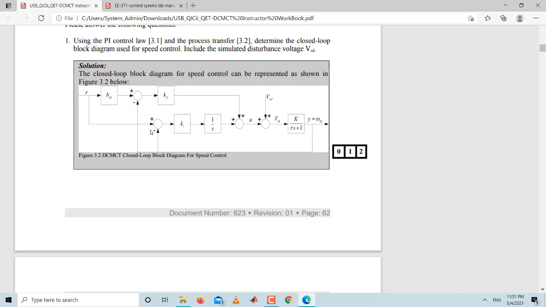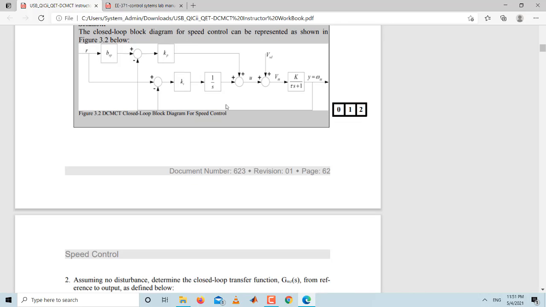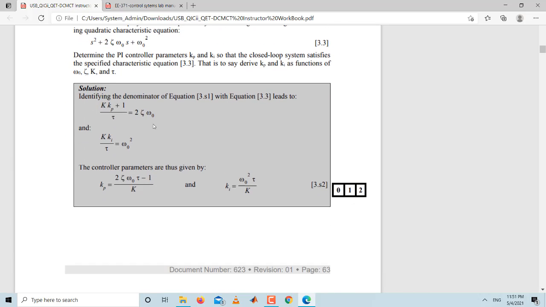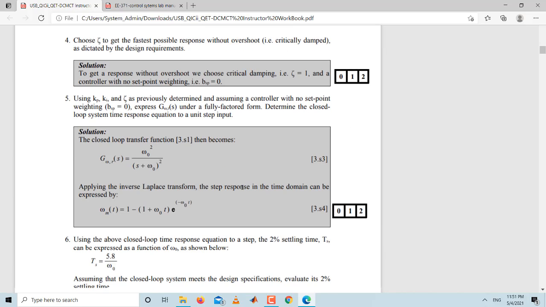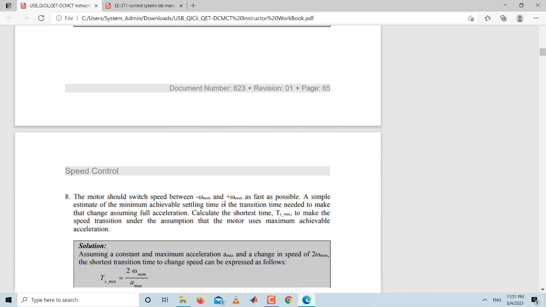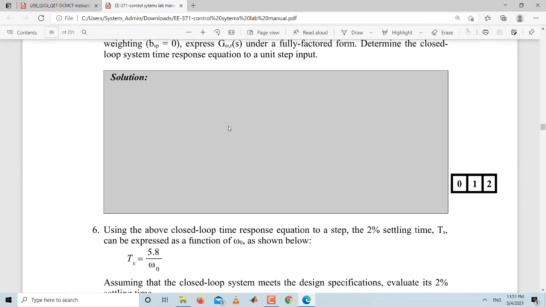So the block diagram gets reduced, and after getting the transfer function for the reduced block diagram, you can replace the values of Kp and Ki with what you just calculated in question number 3. So replace these values of Kp and Ki in that particular transfer function and answer this question, which is question number 5 of your manual.